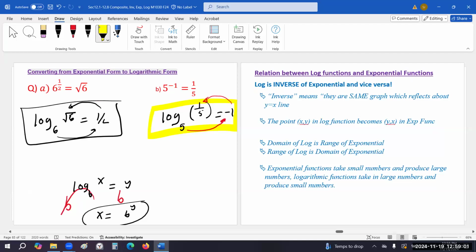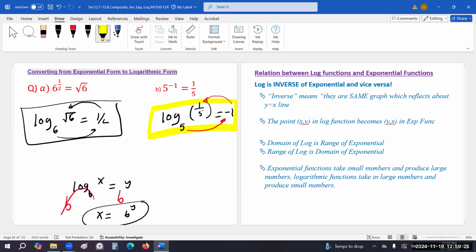The next one is basically saying that log and exponential are inverses of one another. So the domain for the log function is the range for the exponential function, and the domain for the exponential function is the range of the log function.